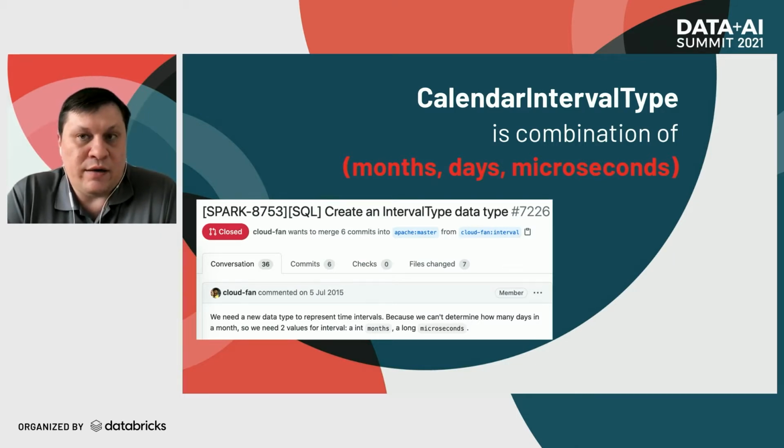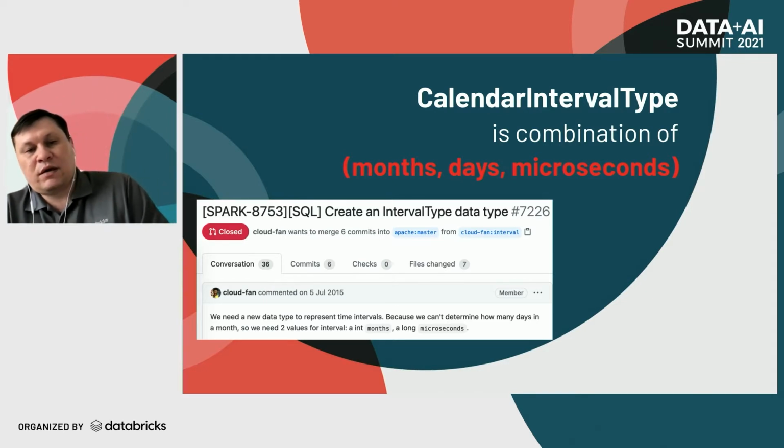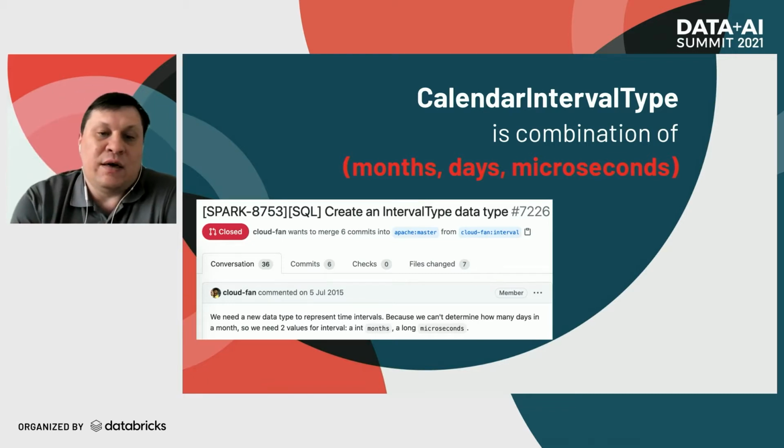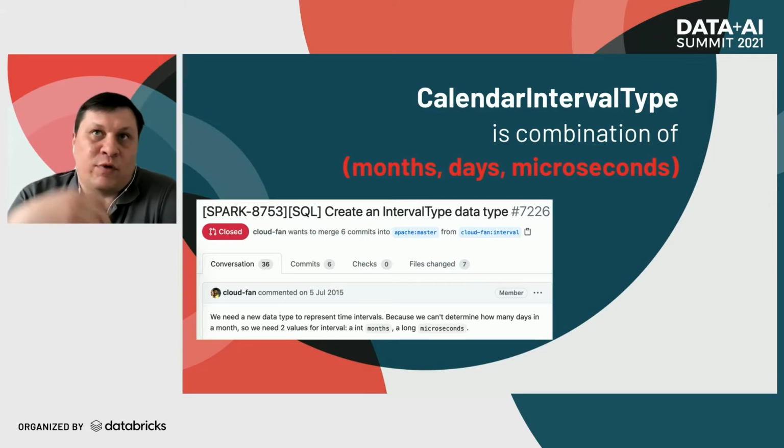And what was the reason to add a new type? Because you know, each month in the year has a different number of days, right? To give users the ability to change only the month field, we cannot just add, for example, 30 or 31 days.